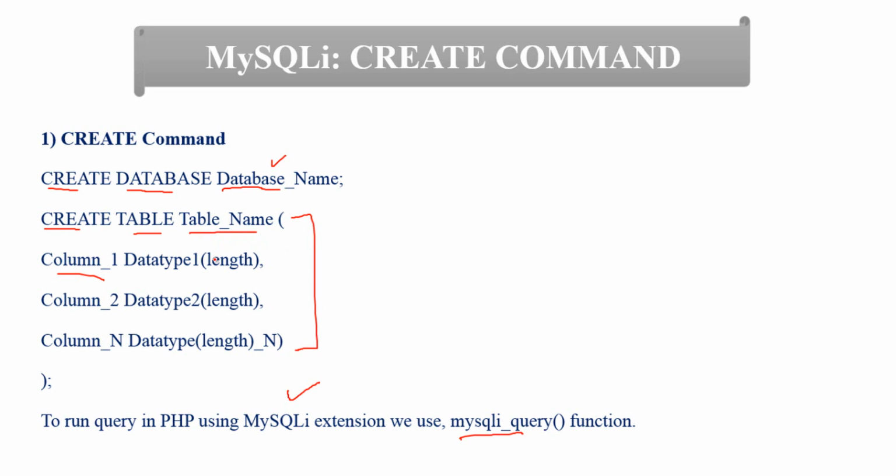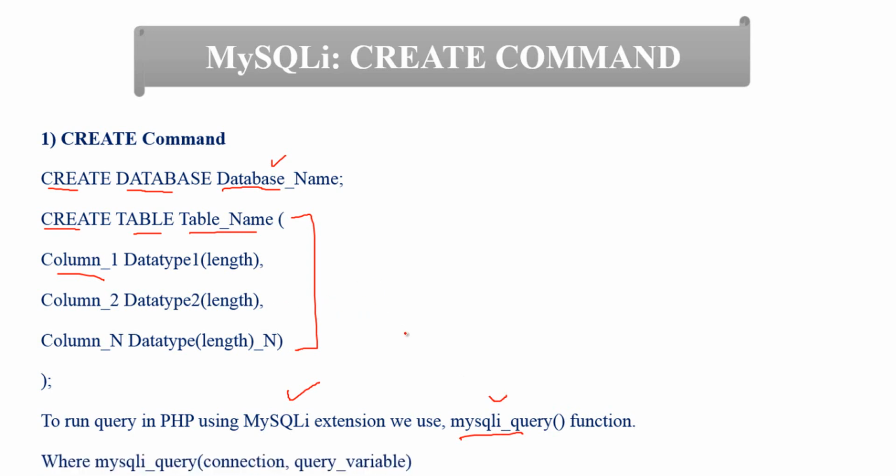So this is communication with the database, and we say that this is a query method. To run any query, we use the function MySQLi_query. Without this query, you cannot get any database, any table, or anything else.